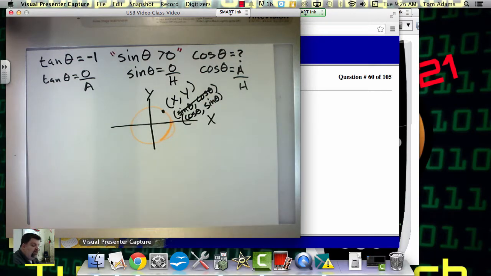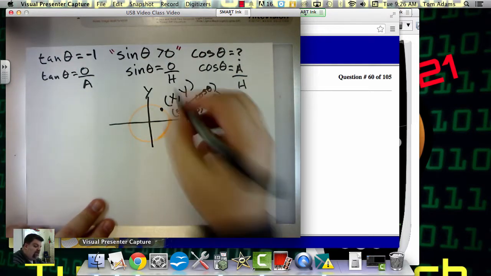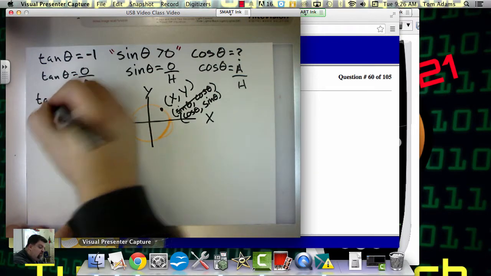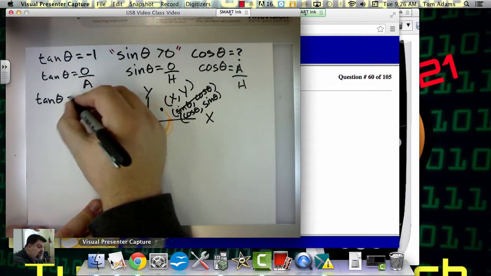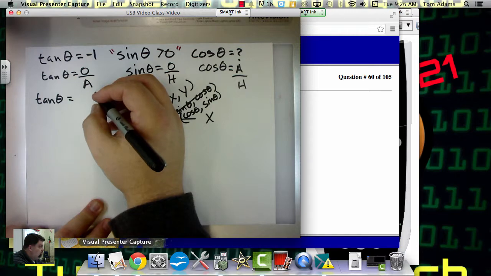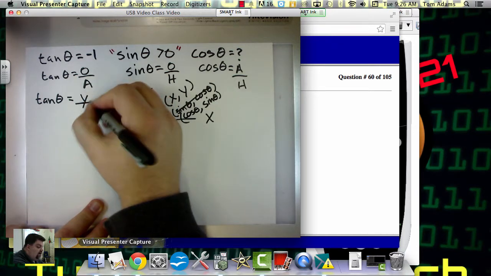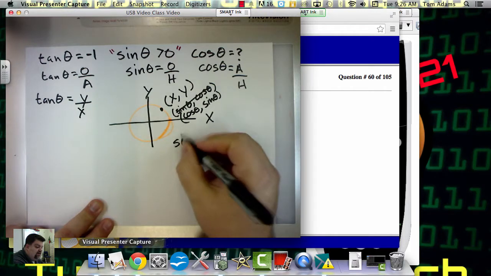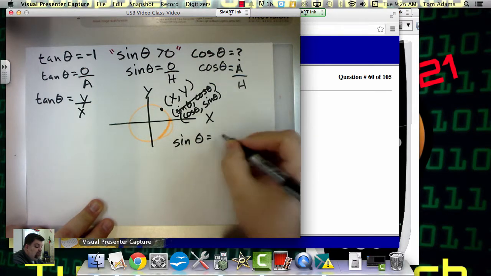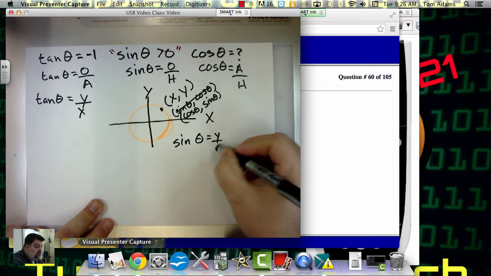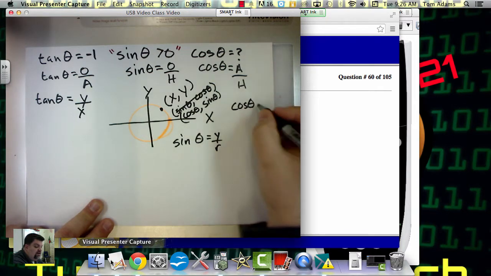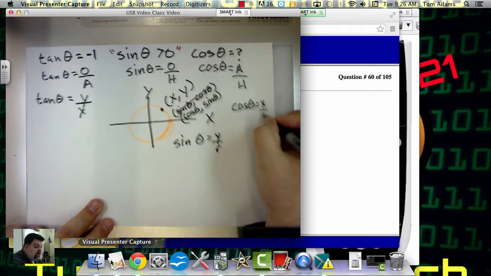And this gets translated to tangent is equal to y over x, sine of theta is equal to y over r, and cosine of theta gets translated to x over r.